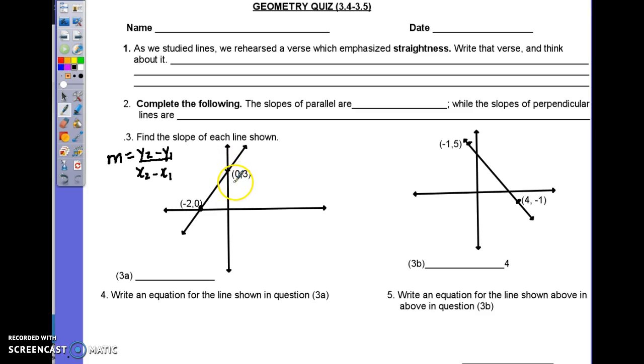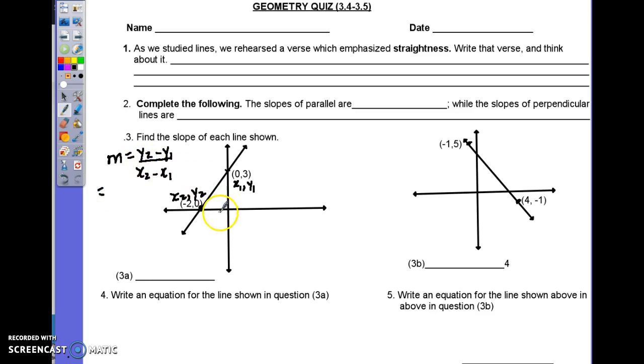In class I switched it, but here we're identifying our 2's as follows. And then we put the numbers in.